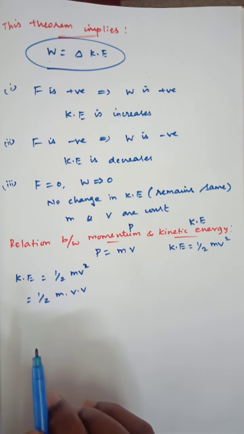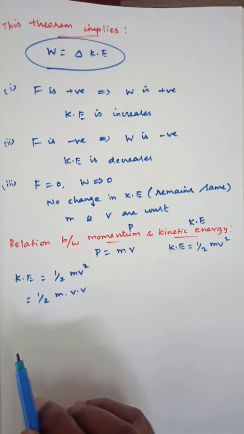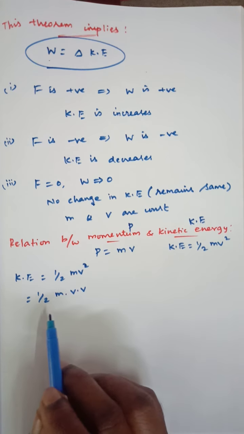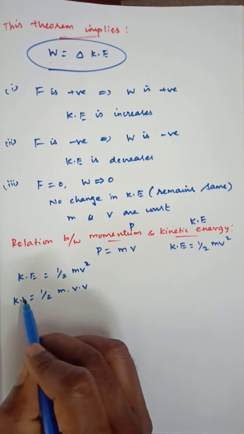Now we have to, on purpose, multiply and divide by m on the right hand side of the above equation, since KE is the left hand side.